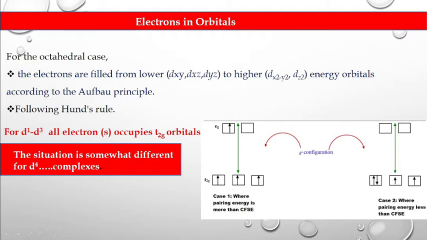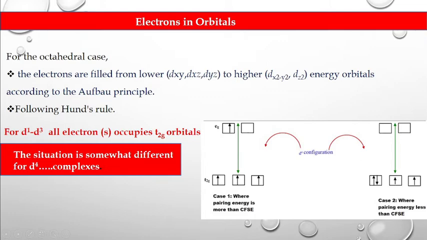The case is that when the pairing energy is more than the crystal field splitting energy, delta naught, then we will get the first configuration, that means t2g3 eg1.